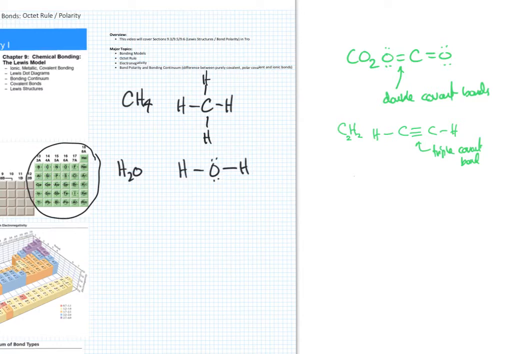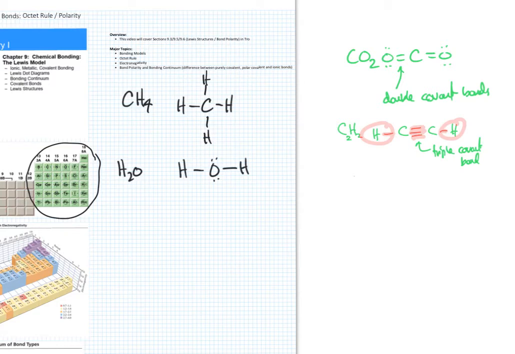So if we're counting electrons, we go 2, 4, 6, 8 around that carbon, 2, 4, 6, 8 around that carbon, and then we have 2 around each of the hydrogens. The duet is satisfied for each of the hydrogens. So the octet rule, again, is satisfied.